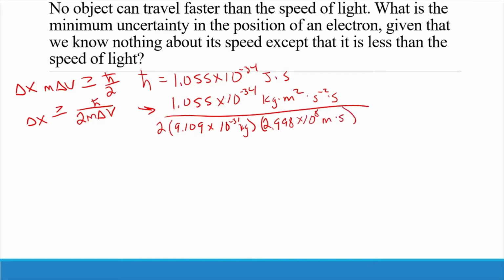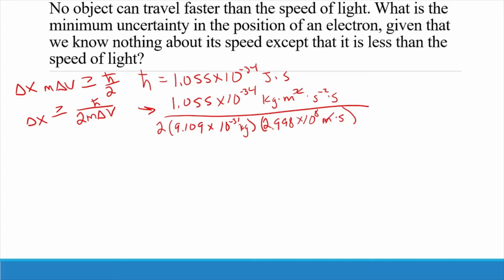So we're using the maximum speed because this is an uncertainty. We're going to use that as our uncertainty and say that our uncertainty in the position has to be at least this number because we don't know anything about the speed. So we know the maximum uncertainty of its speed is the speed of light.